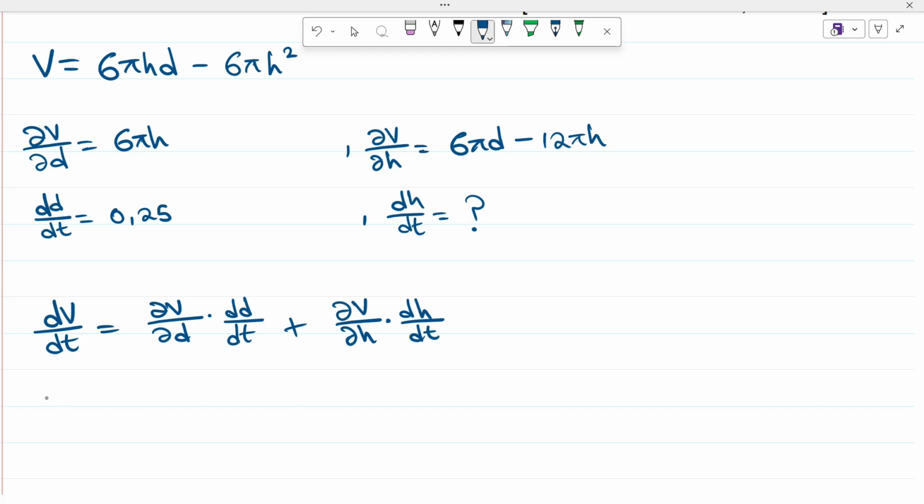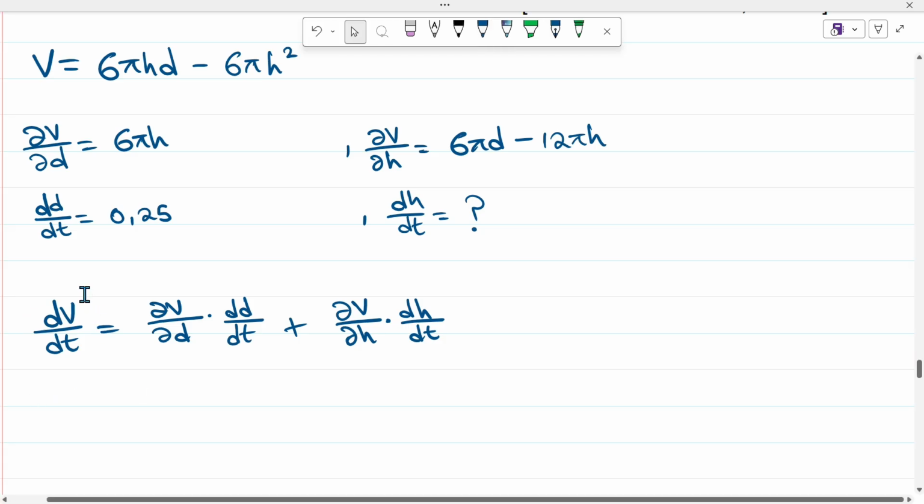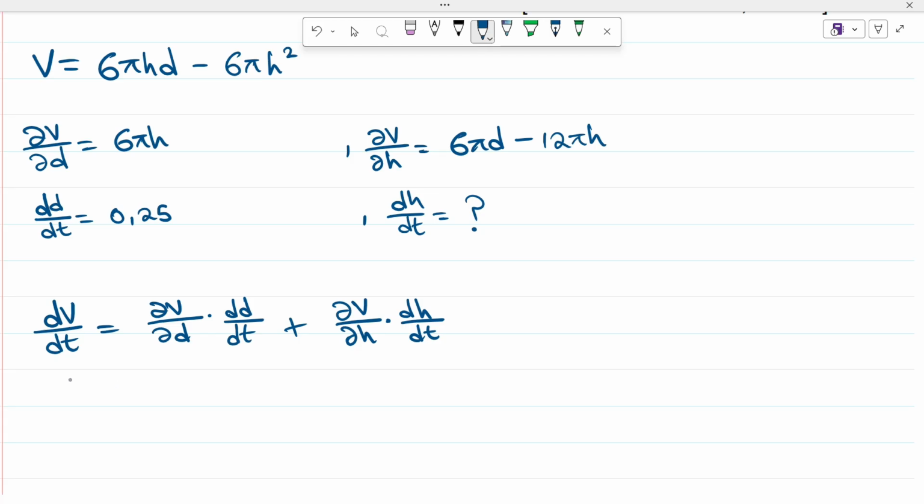So we are told that the rate at which volume changes with time is equivalent to 35. But before we substitute anything, let's substitute the formulas for those partial derivatives.